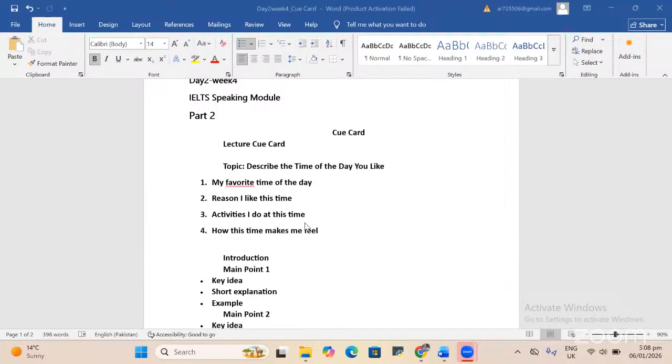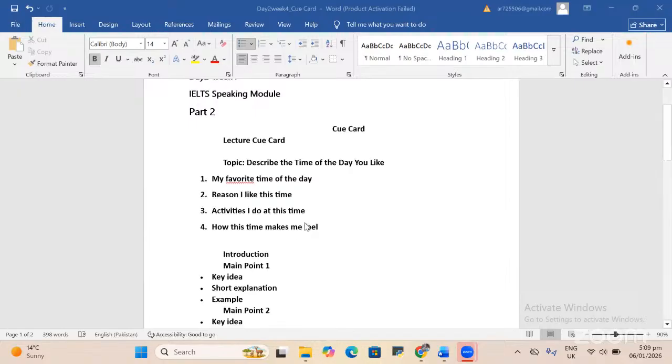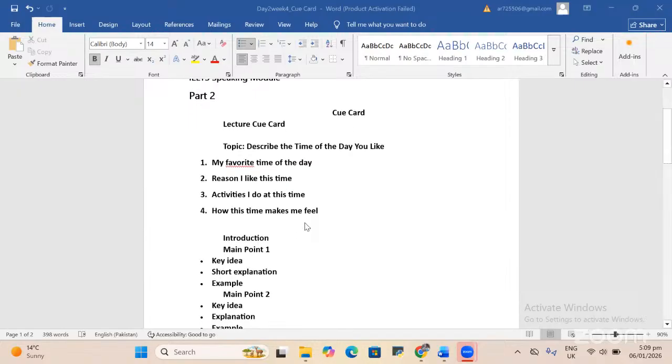You need to discuss this question within these 4 points and explain them in your answer one by one. For example, point one is favorite time of the day, then the reason why I like this time, the activity I do at this time, and how this time makes me feel good or bad.